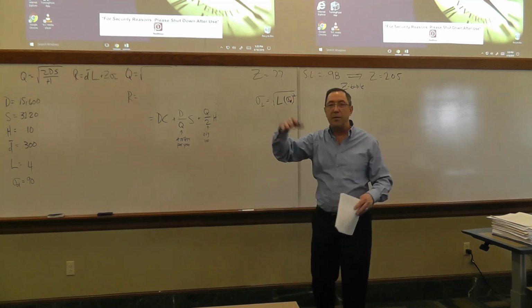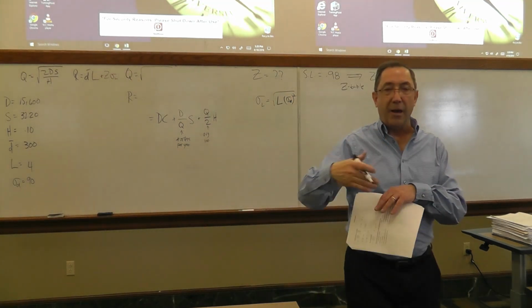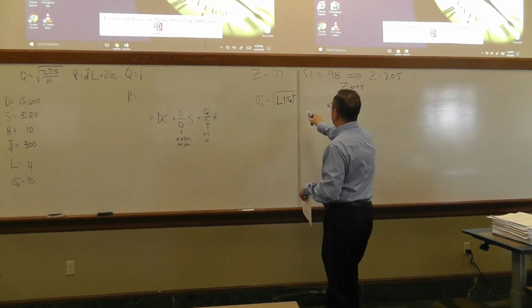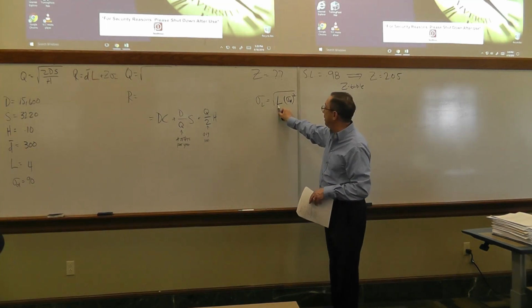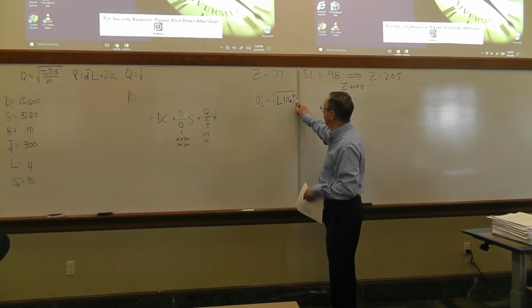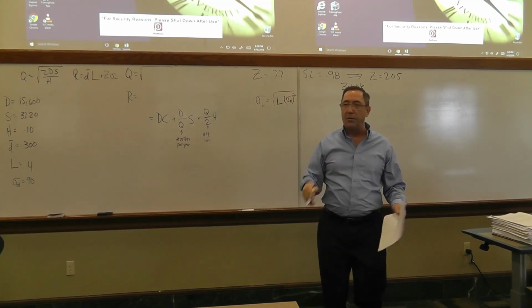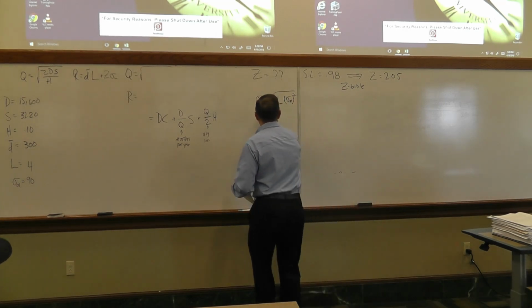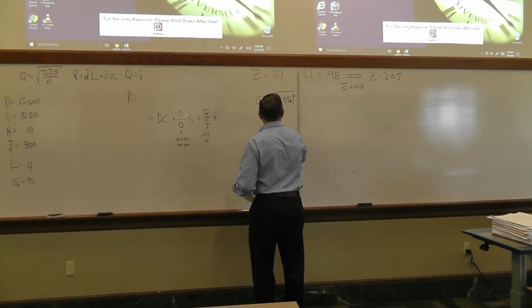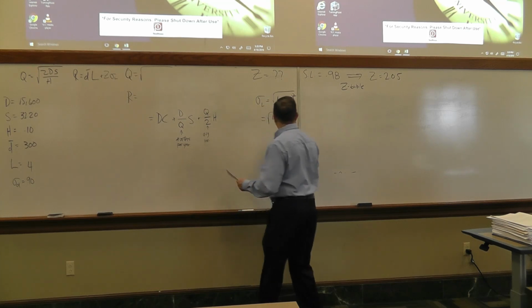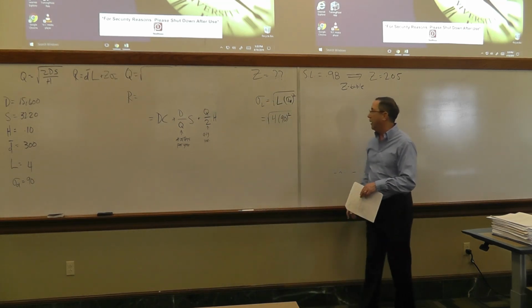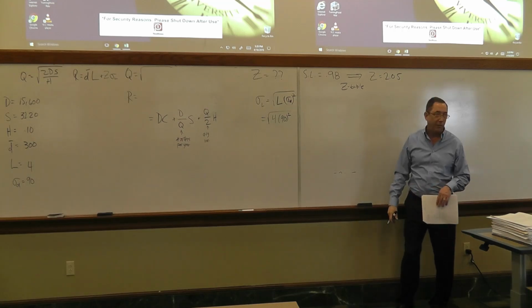Standard deviation squared is the variance. Then you can add up the variance over the 4 weeks of lead time. You'll get the variance over lead time. Take the square root to go from the variance back to a standard deviation. So it's equal to the square root of 4 weeks of lead time times 90 squared, 8,100 times 4, I don't know, someone do that.